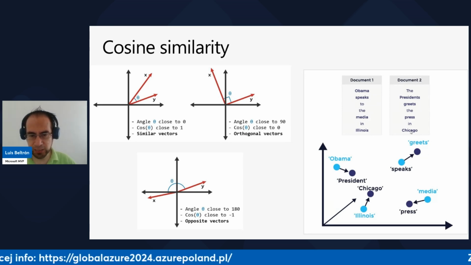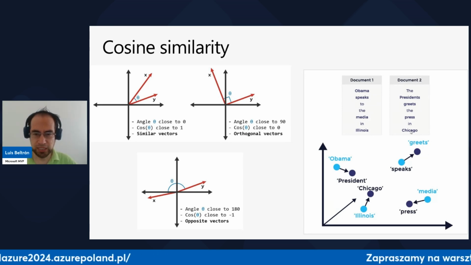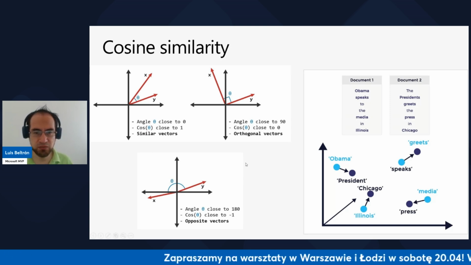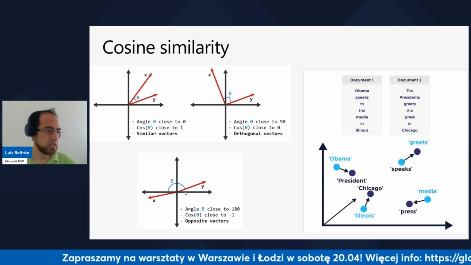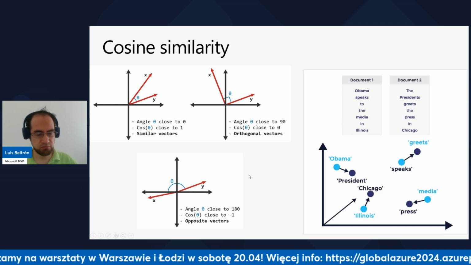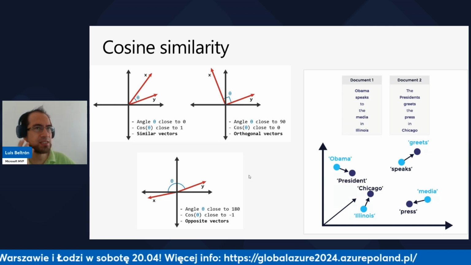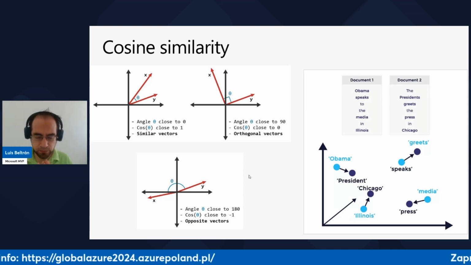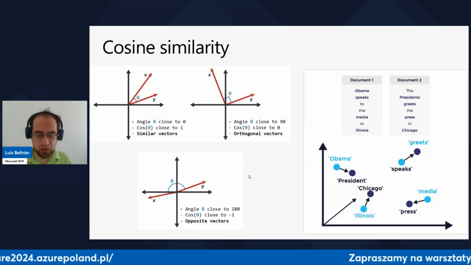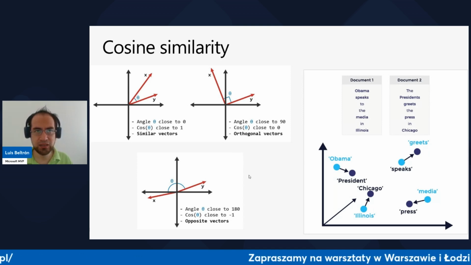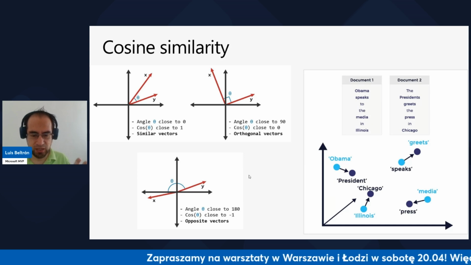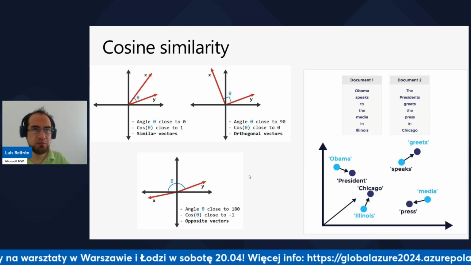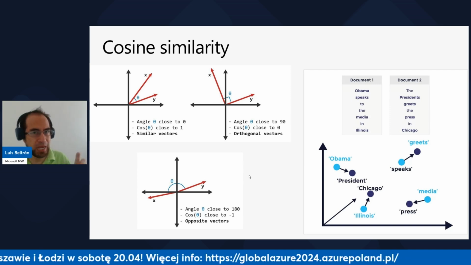So the idea is that when a new query arrives from the user, maybe the query was, what was Obama's speech about, right? If we are doing a text search, it will look for the words Obama, speech, maybe the place, right?